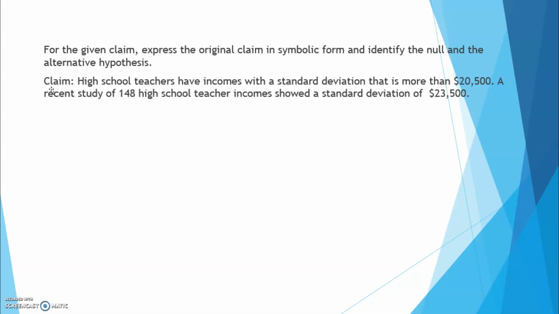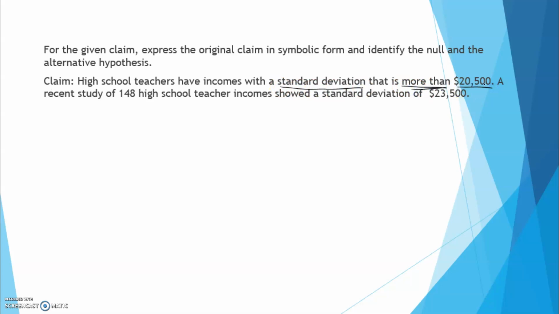Okay, for the given claim, we're going to do the exact same thing. We're going to express the original and the opposite in symbolic form, and then we'll find h sub 0 and h sub 1. The claim is high school teachers have incomes with a standard deviation that is more than 20,500.